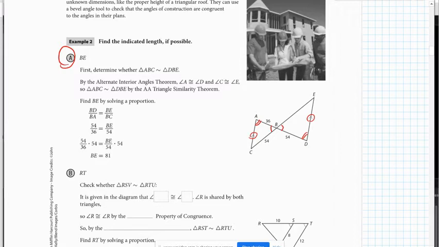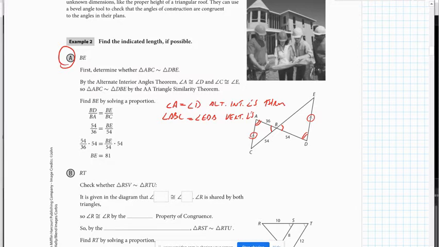And so you have angle A is congruent to angle D by the alternate interior angles theorem. You have angle ABC is congruent to angle EDB because they're vertical angles.